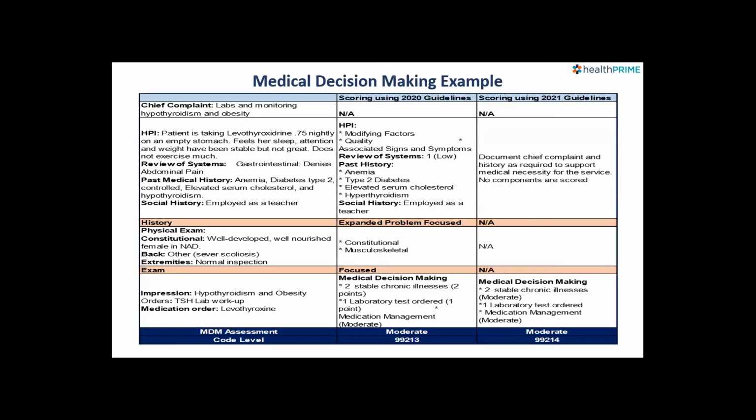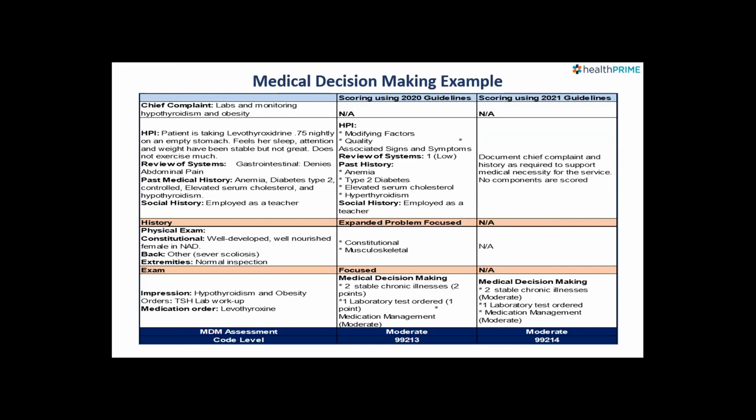So let's quickly look into the medical decision making example scoring, how we were scoring the medical decision making, and the total scoring to reach a level in 2020 versus how we will be scoring in 2021.